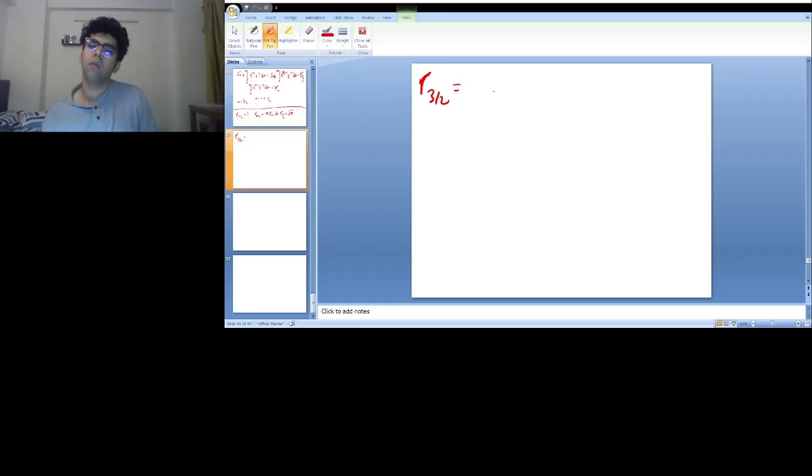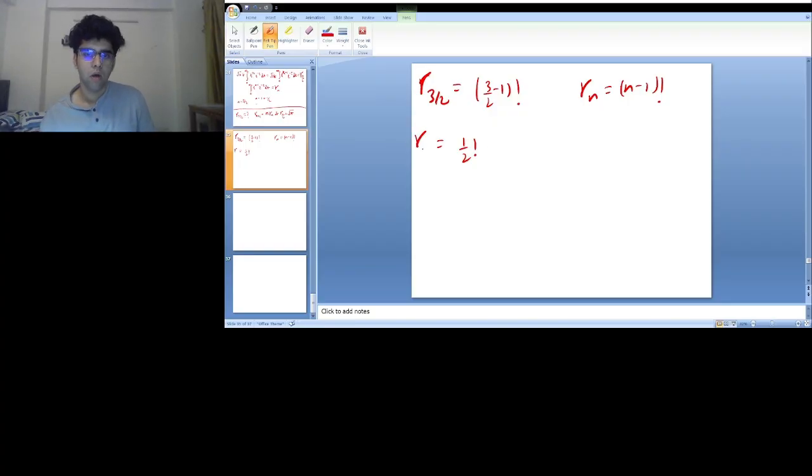What is gamma 3 by 2? What does gamma n say? Gamma n is n minus 1 factorial. So gamma 3 by 2 is 3 by 2 minus 1 factorial, which is half factorial.